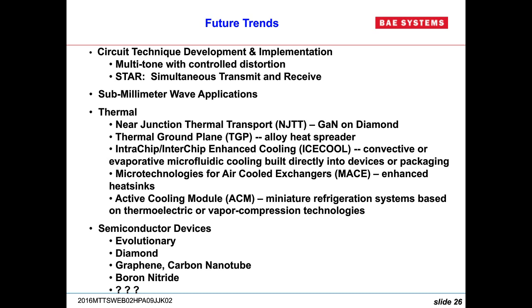It's going to be evolutionary, like for instance GaN, which will be pushed to higher and higher frequencies. There are possibilities of some devices that may appear. Diamond shows theoretically it would be a very good thermal conductor and very good electrical characteristics. Make a very good power amplifier as a solid-state semiconductor device.